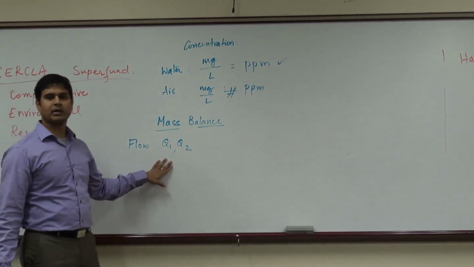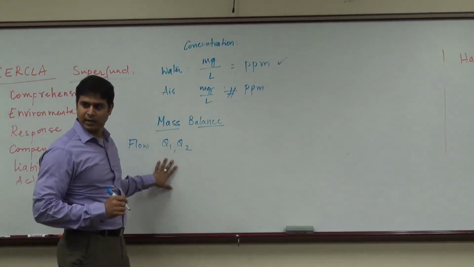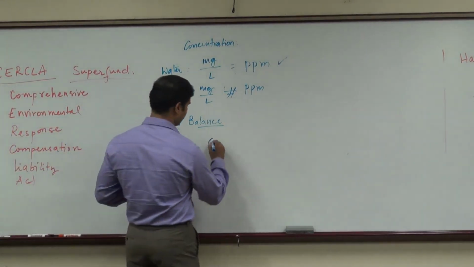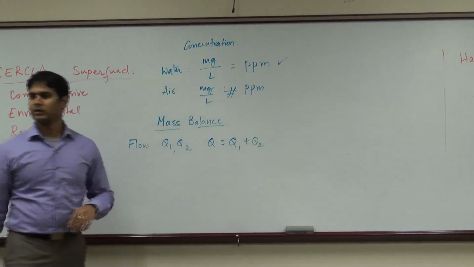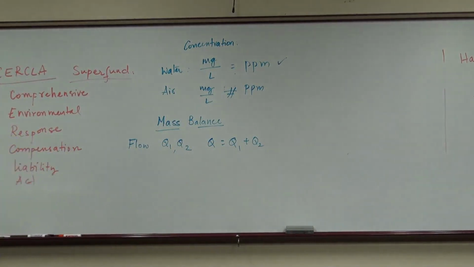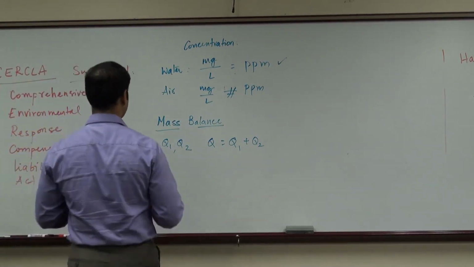So let's say I want to get a Q. If I said Q is equal to Q1 plus Q2, is that acceptable? Which means you can add, you can subtract, you can divide, you can do anything you want with flow. Add or subtract, we don't do anything else with that in our other applications.